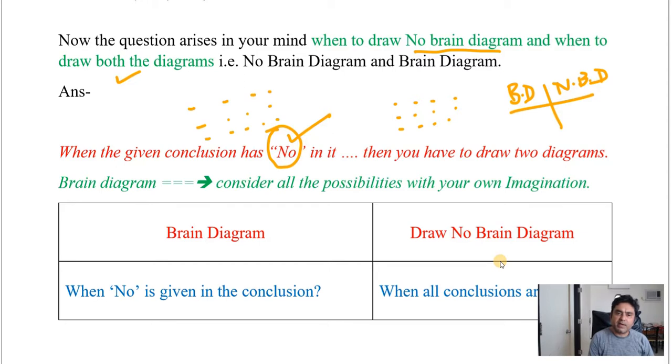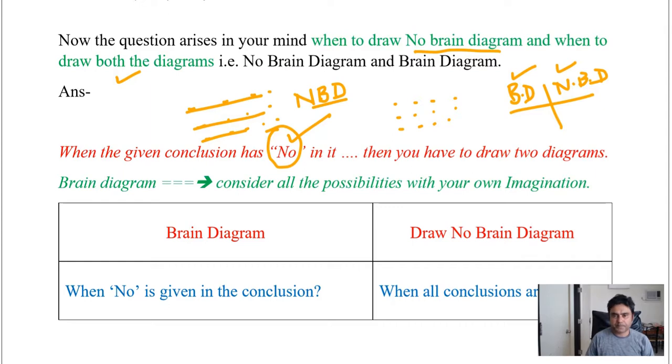Do you understand? So whenever the proposition is given to you, you have to first look at the conclusion. If in the conclusion there is a word no or a negative word written, then you have to draw both the diagrams, brain diagram as well as non-brain diagram. But if there is no negative conclusion included in it, then you have to make only non-brain diagram.